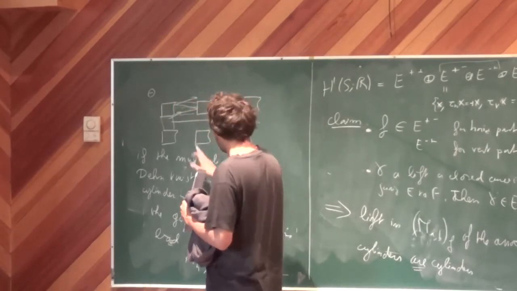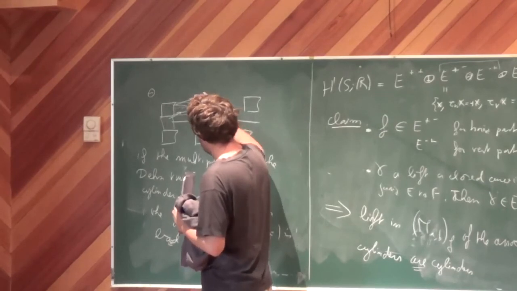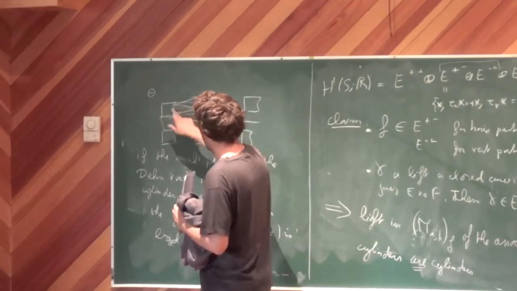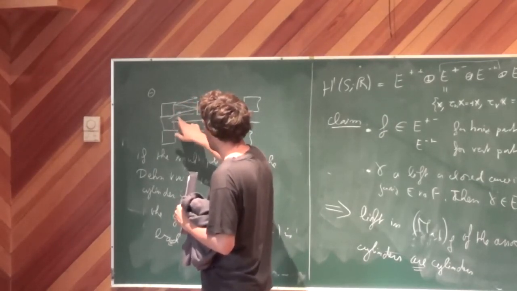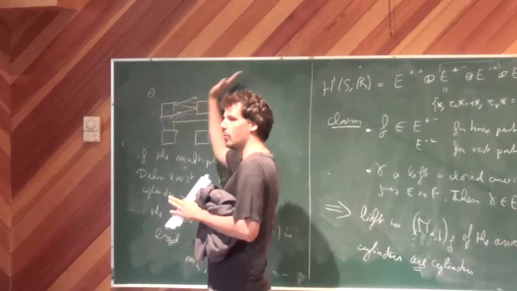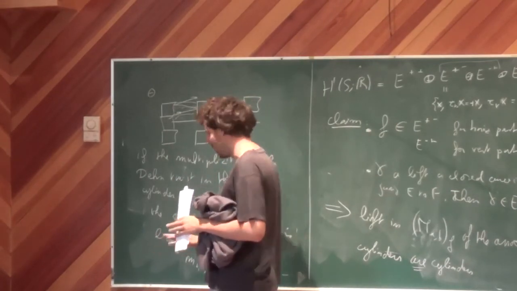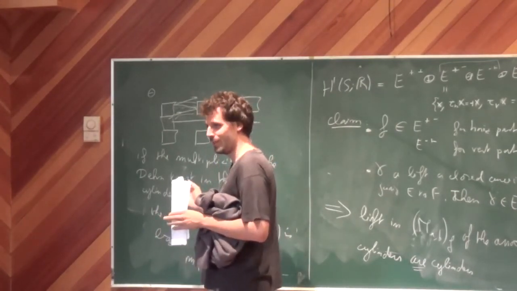But I claim that if you manage to pick some good directions for which most of the entrance points bounce an even number of times, then you go up in the same direction. And then from that you have to work to prove that you get something which is divergent.